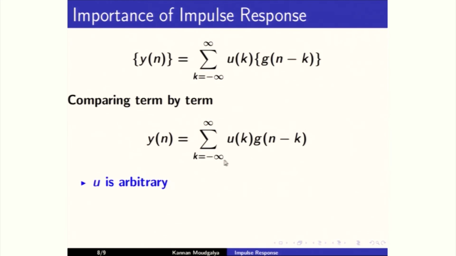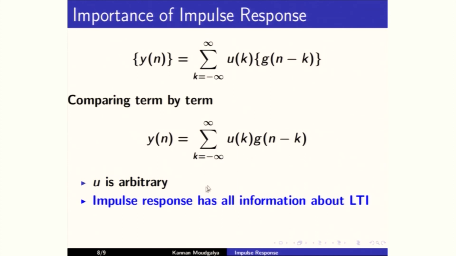Remember u is arbitrary. We never told that u has to be a step, u has to be a ramp, it has to be a sinusoid and so on. u is arbitrary. Until now we discussed only two standard sequences, namely impulse and step. This is an arbitrary sequence u of k.